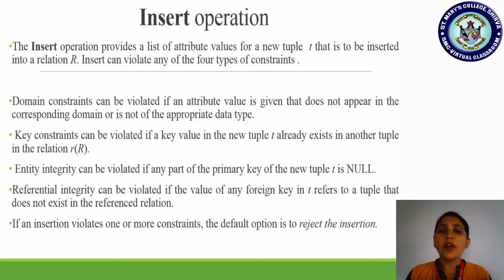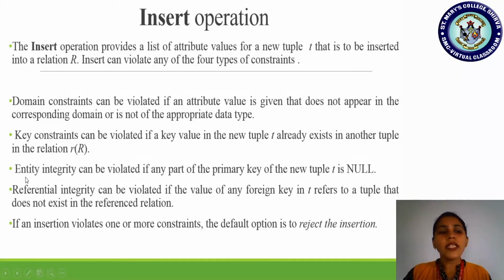So the employee relation is referencing a value in a foreign key which does not actually exist. Department number 10 doesn't exist, right? So this is referential integrity violated. If an insertion violates one or more constraints, the default option is to reject the insertion.